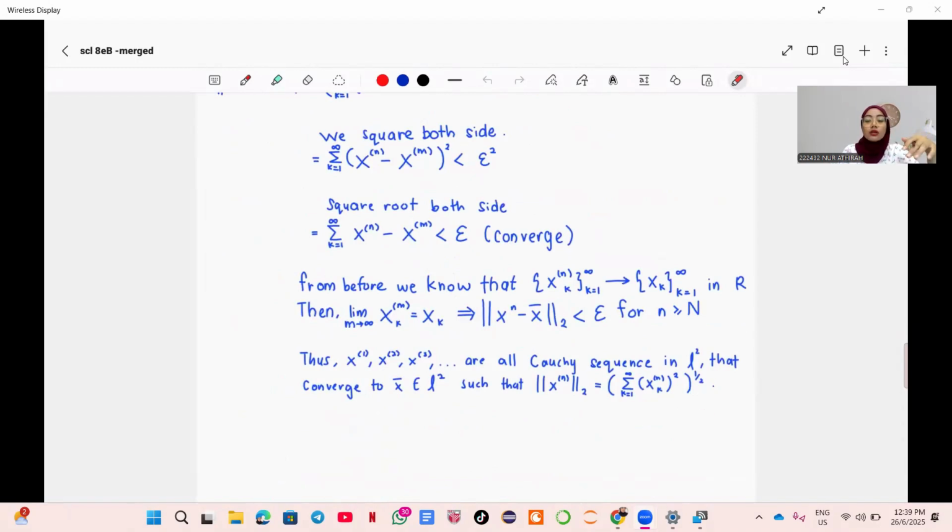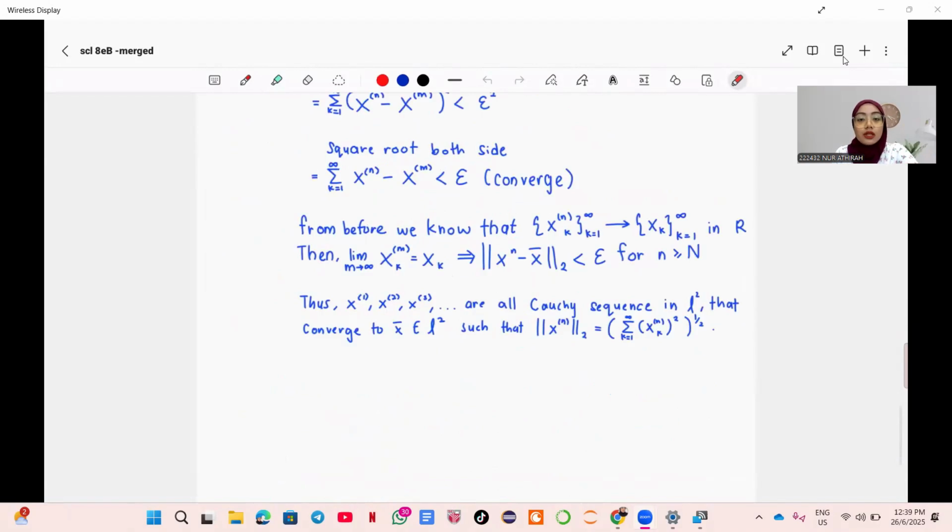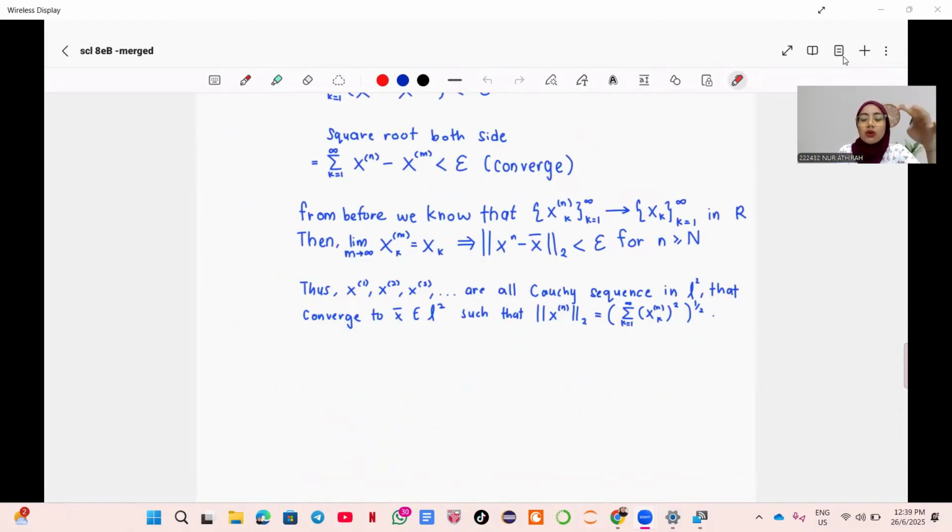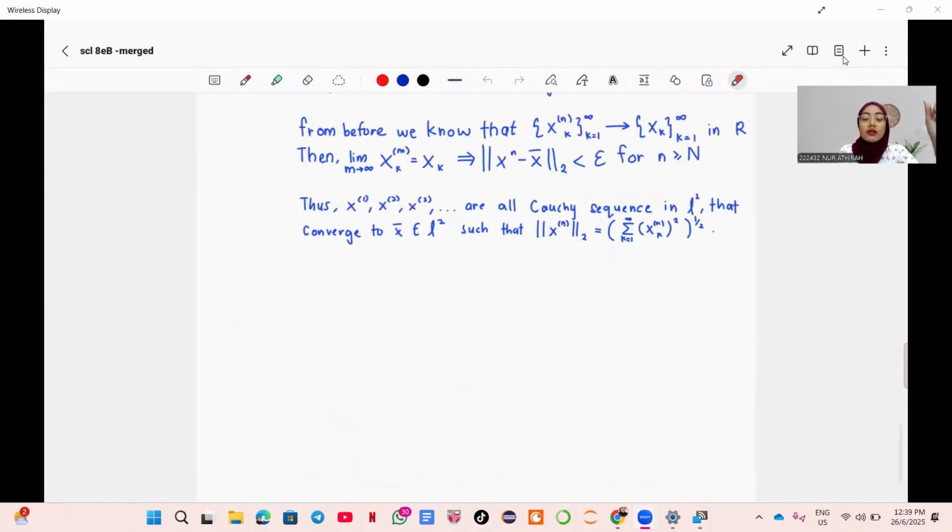So next I will go into why completeness is important. Why is all of this important? Completeness is a key property in mathematical analysis. It ensures that the space is closed under limits of Cauchy sequences, or in other words, that we can safely take limits without leaving the space.